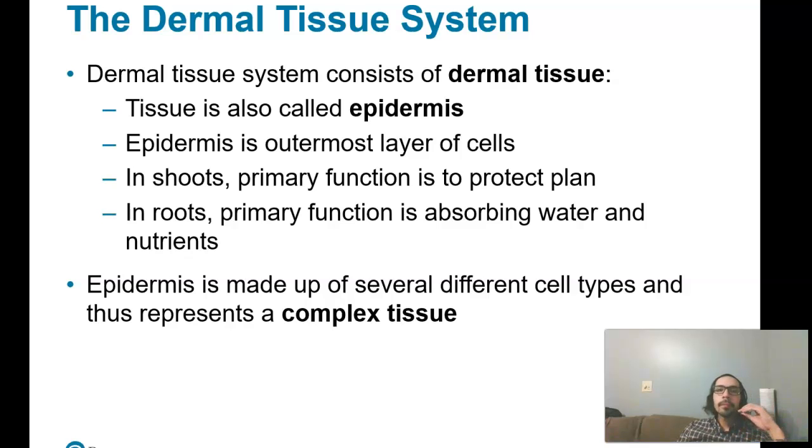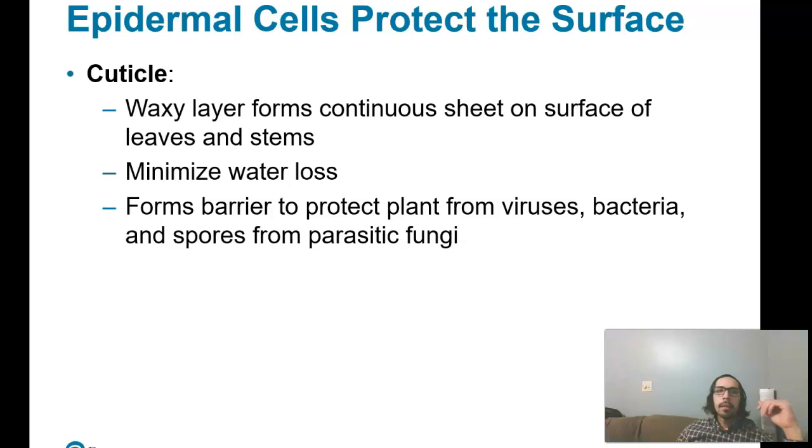The epidermal cells protect the plant, right? So they are the ones that produce a waxy layer that's called the cuticle. Okay? And because that waxy layer is hydrophobic, it helps minimize water loss.